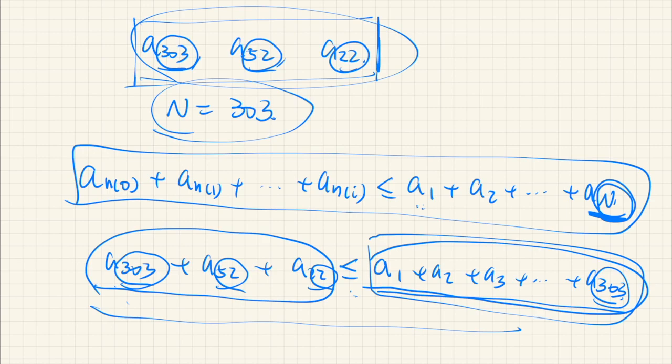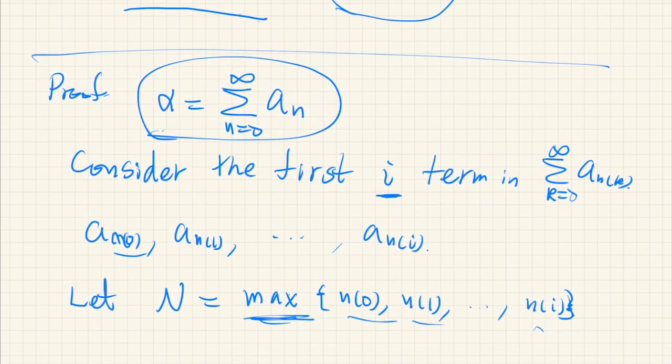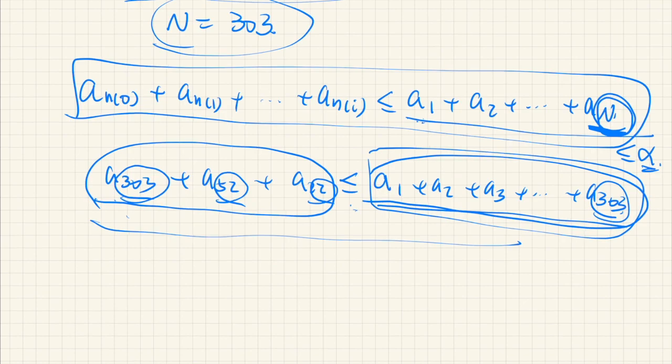But this right-hand side is less than or equal to alpha, which is the sum of the original series. Therefore the left-hand side is bounded above by alpha.